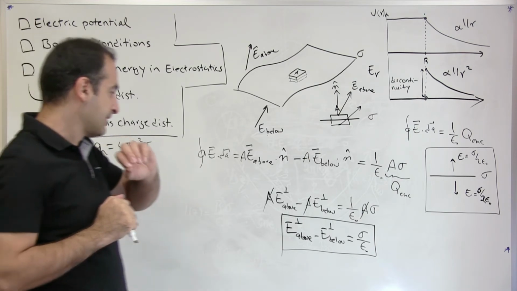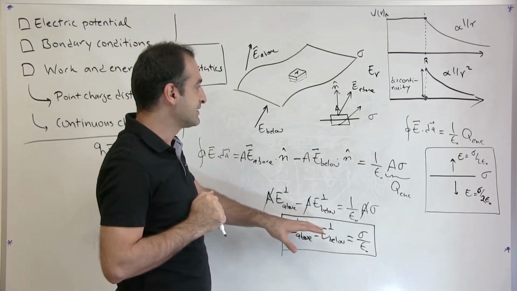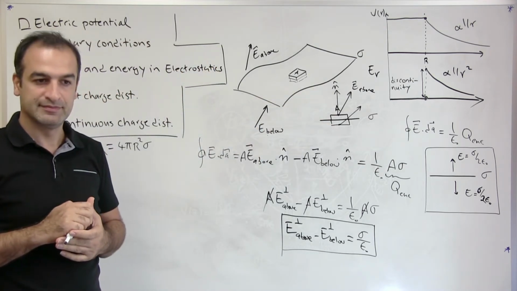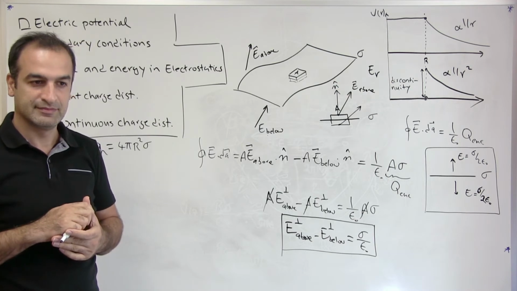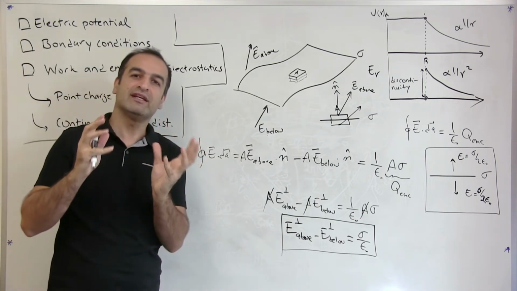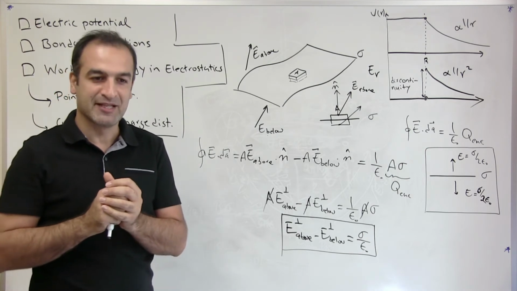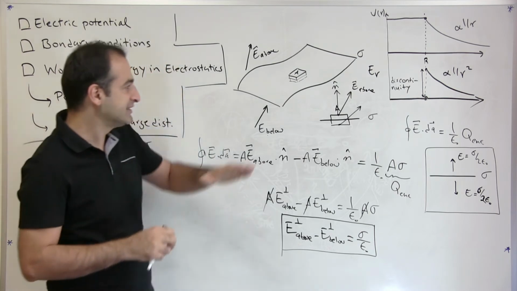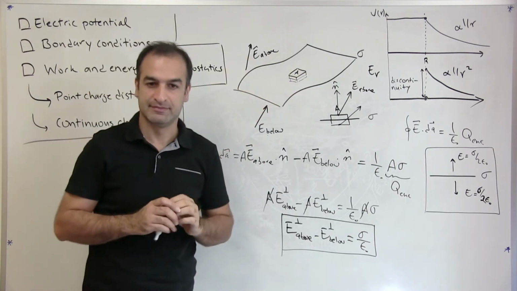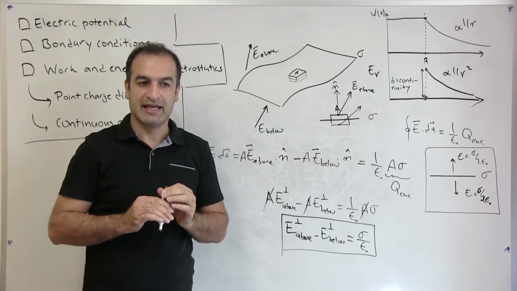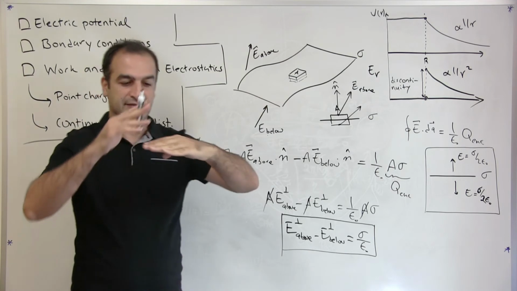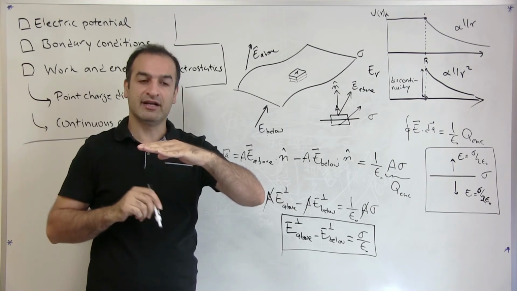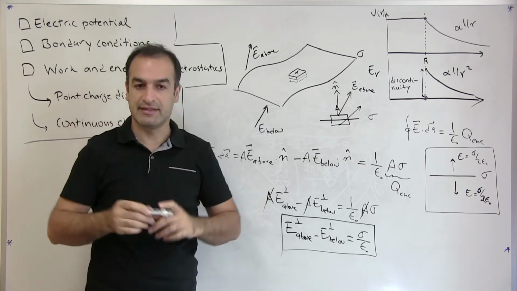So the perpendicular, normal component has a discontinuity. How about the tangential component? Let's discuss this as well. What is the source of discontinuity? The source of discontinuity comes from the electric field that is created by the surface. The surface charge density creates an electric field normal to its direction, and it does not create any electric field tangential to the surface.